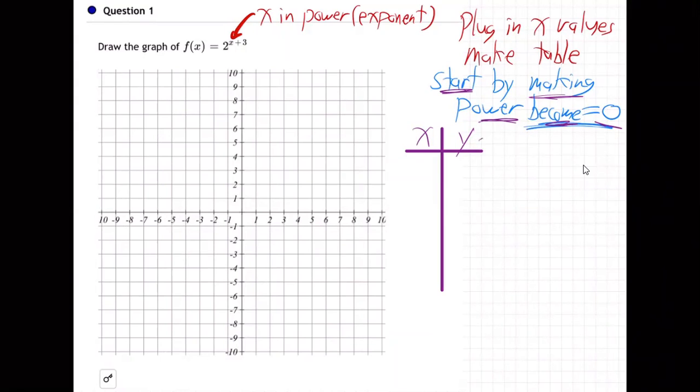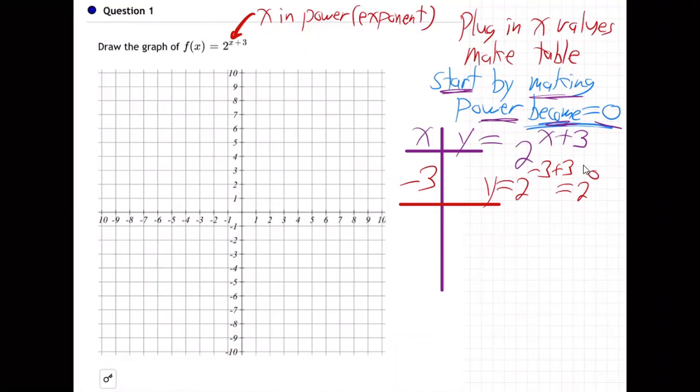I have y equals 2 to the x plus 3 power. What can I plug in right there for x that'll make this power become 0? Well, -3, right? If I put in -3 for it, then y will equal 2 to the -3 plus 3, and that's 2 to the 0.